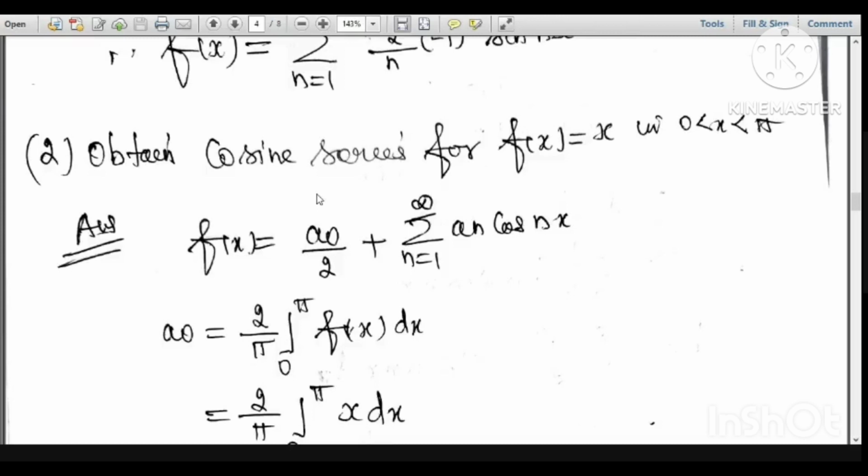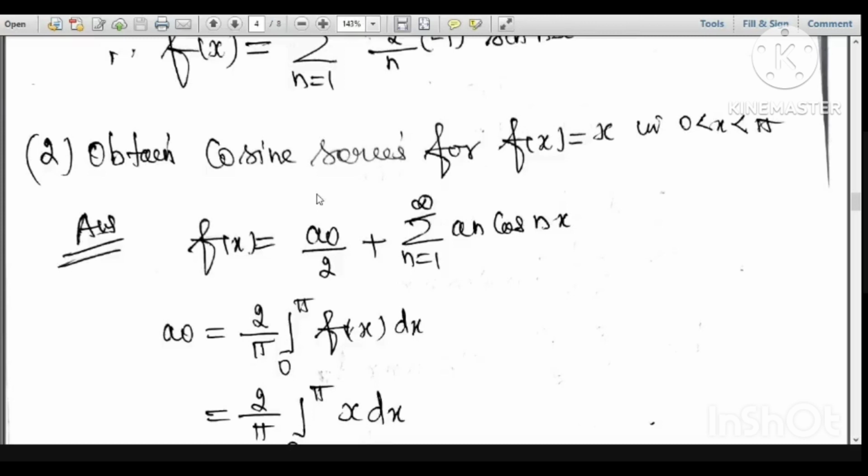There is no sin nx. So that's why this will be called a half range cosine series or cosine series. You understand? Half range cosine series or cosine series or even function, because it has only cos nx.